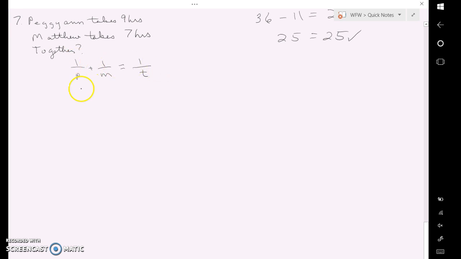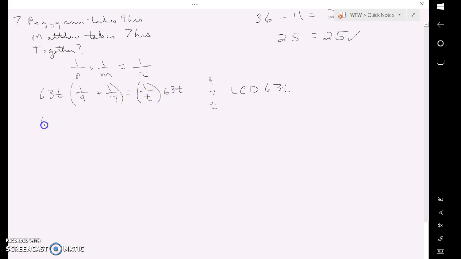Now let's plug in. Peggy Ann takes 9, Matthew takes 7, and we want to find time. Okay. So we have a 9, a 7, and a t, and the least common denominator is going to be 63t. We're going to multiply both sides by 63t.